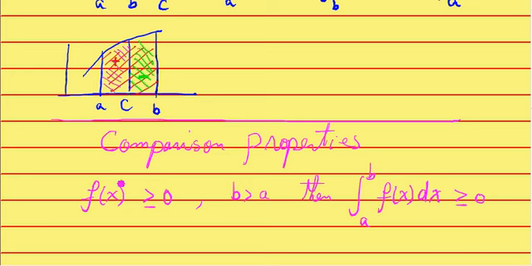What are we saying? We're saying if your function is sitting above the x-axis and you just go ahead and calculate that area under that function, you're going to get a positive number.